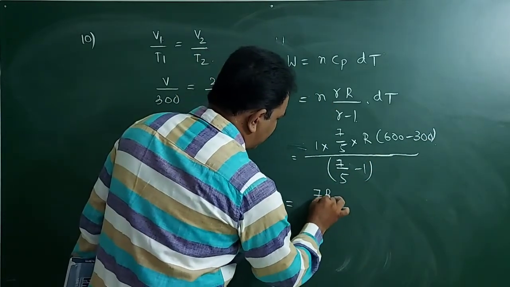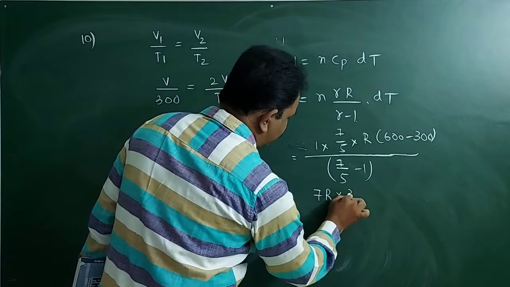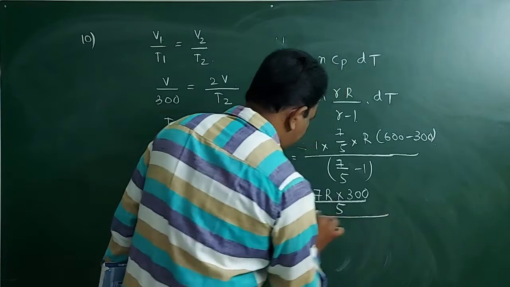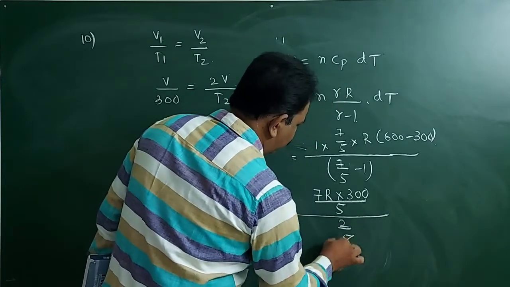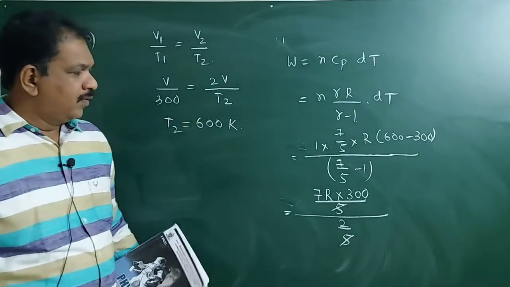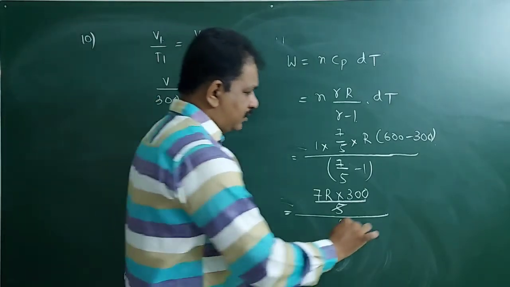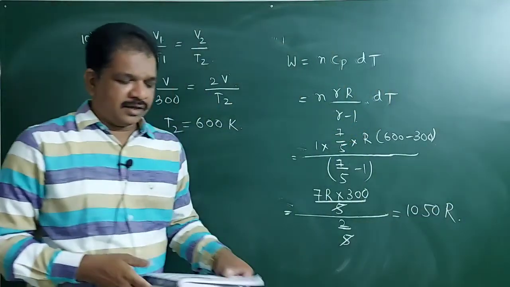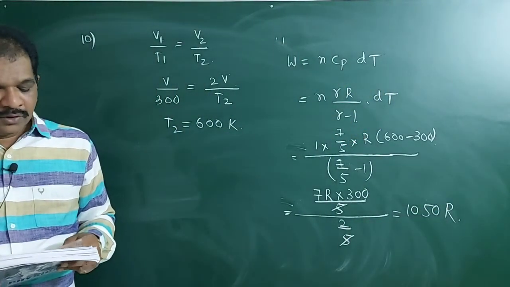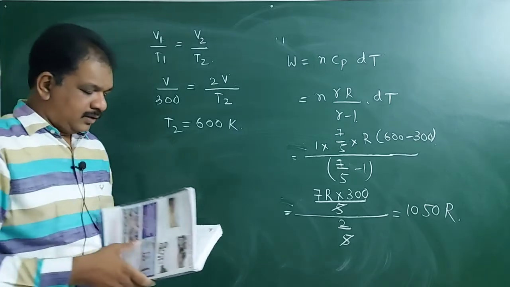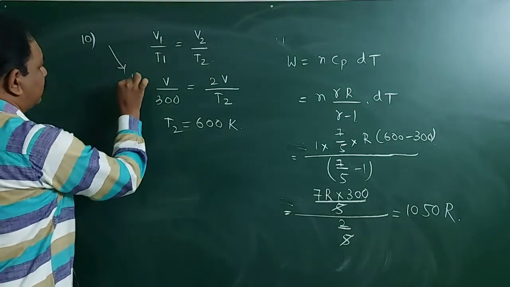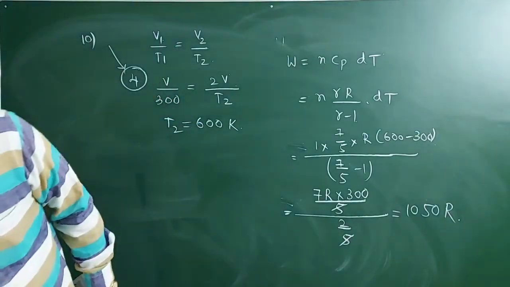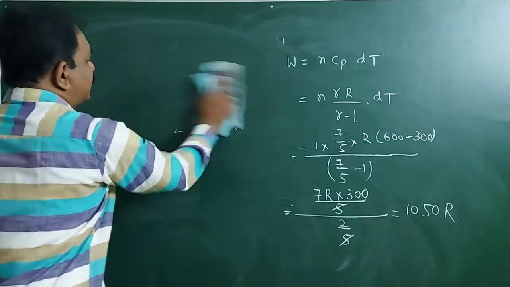So 7R into 300 by 5, whole divided by 2 by 5. Two 150s will cancel. So this value is 1050R. So the 10th question, it will be the fourth option.